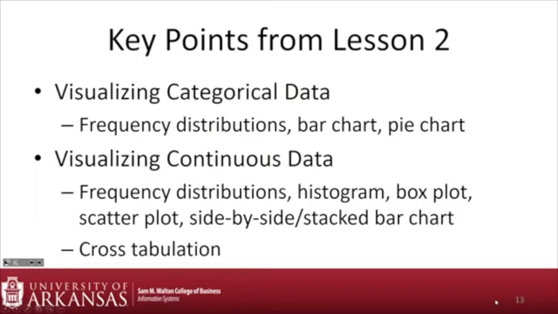Lesson 2, we talked about visualizing categorical data and visualizing continuous data. Examples of questions could be: given a frequency distribution, answer a question about it. Given a cross tabulation, answer a question about it, similar to what you have on your quizzes.